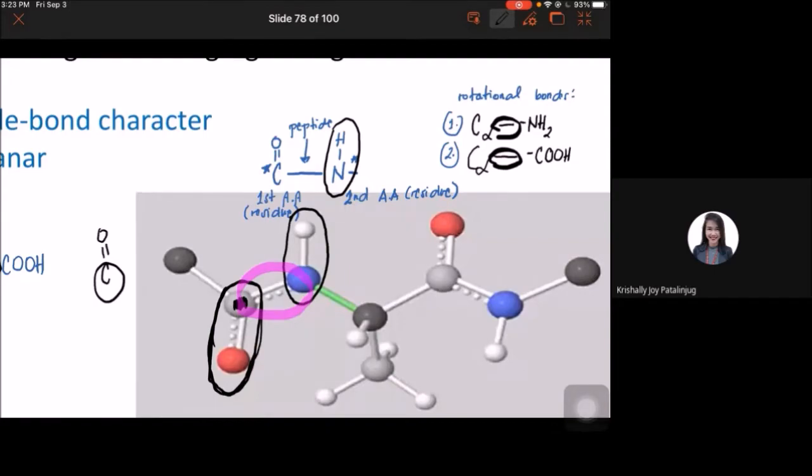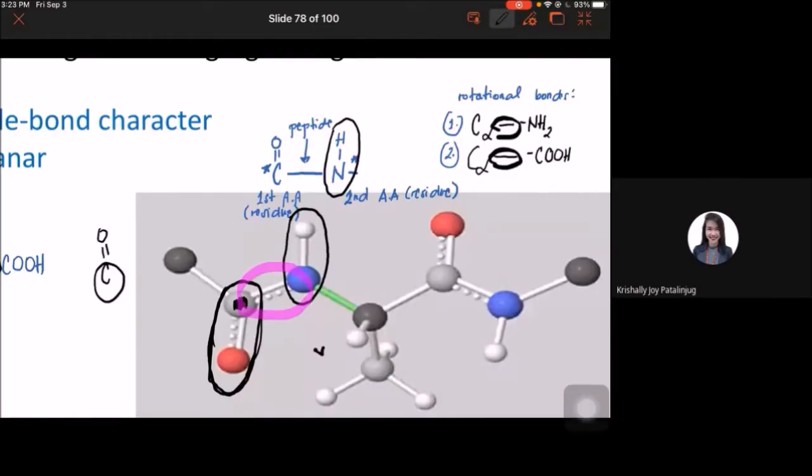But even the alpha carbon is hard to find in a 3D structure. So how do we know where the alpha carbon is here? The easier way to find the alpha carbon is to find its variable chain, because that is the only place where amino acids differ.